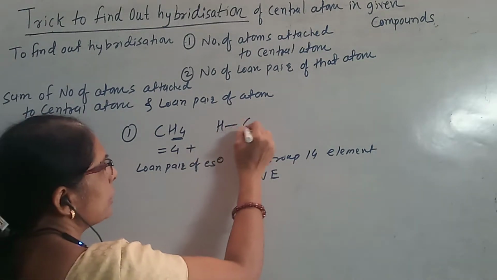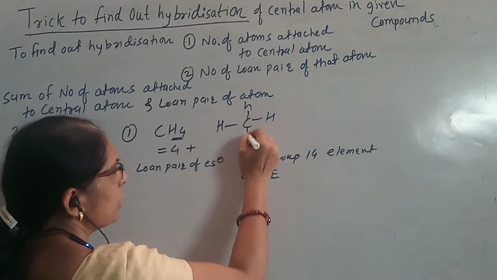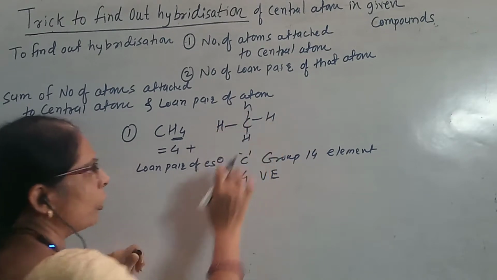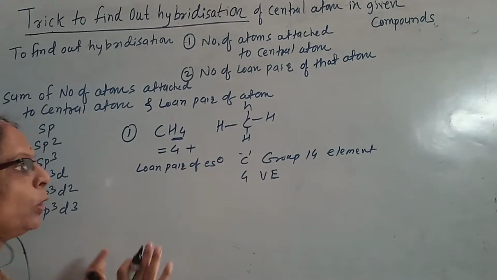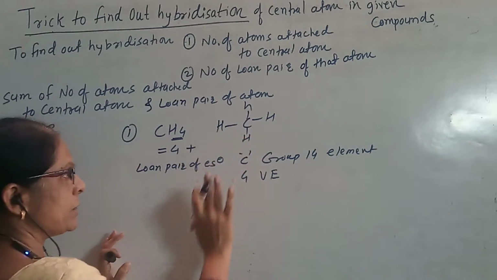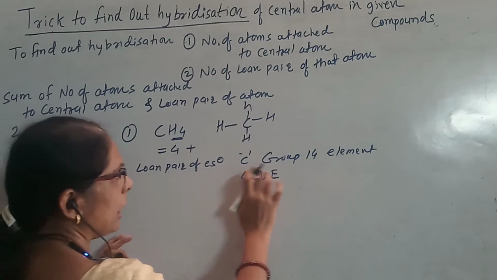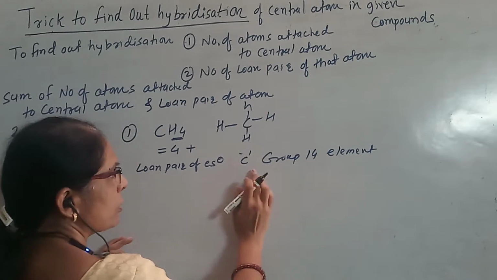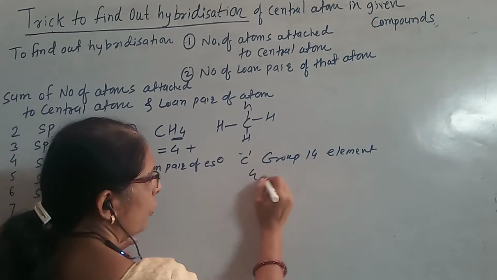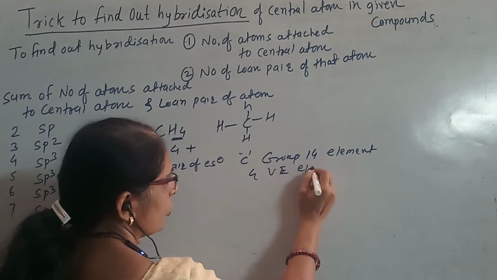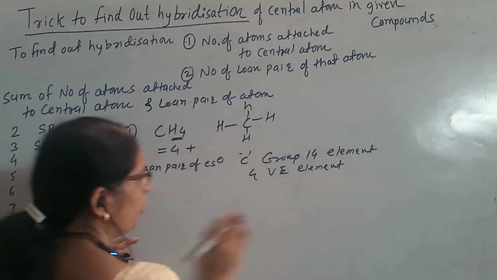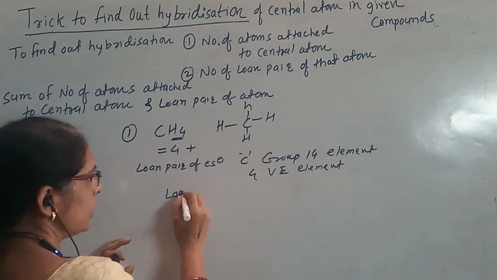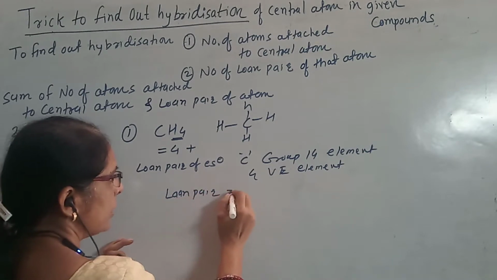The carbon is bonded with 4 hydrogens, so it has no lone pair of electrons because all are engaged. So we can say that the lone pairs here are 0.